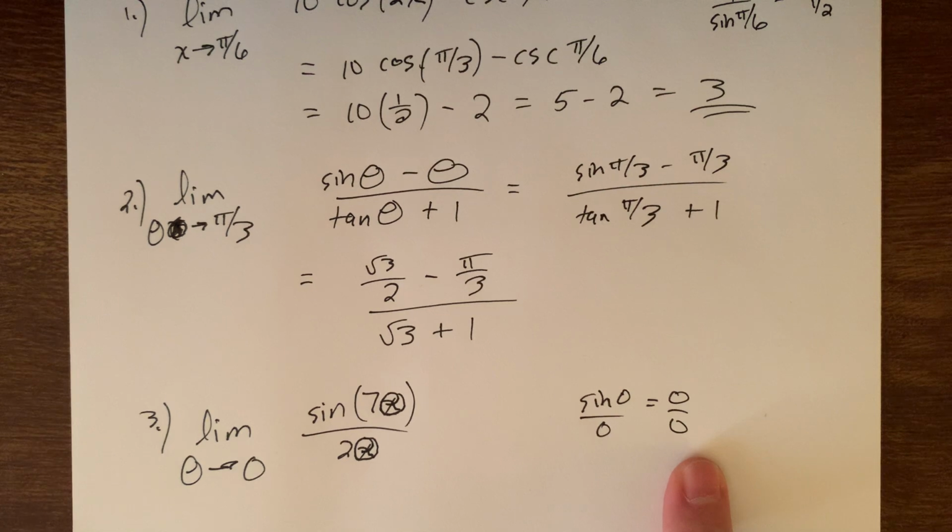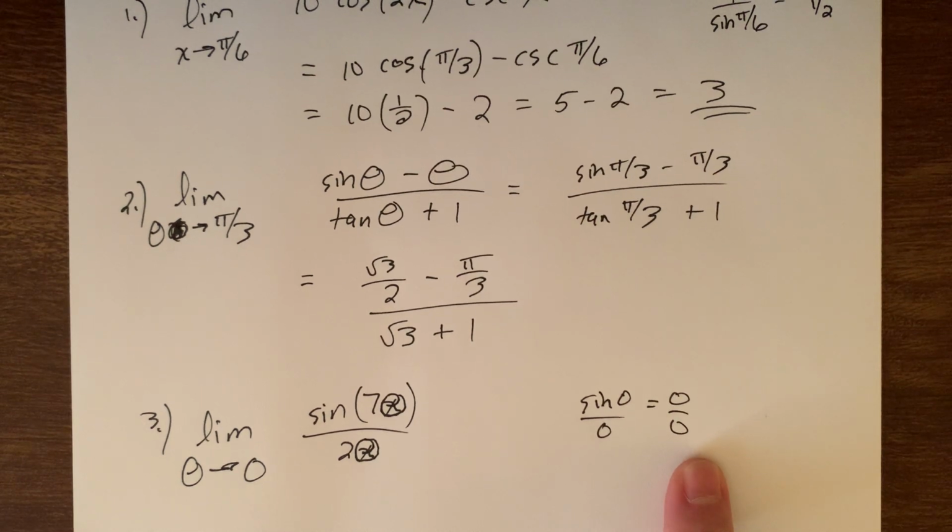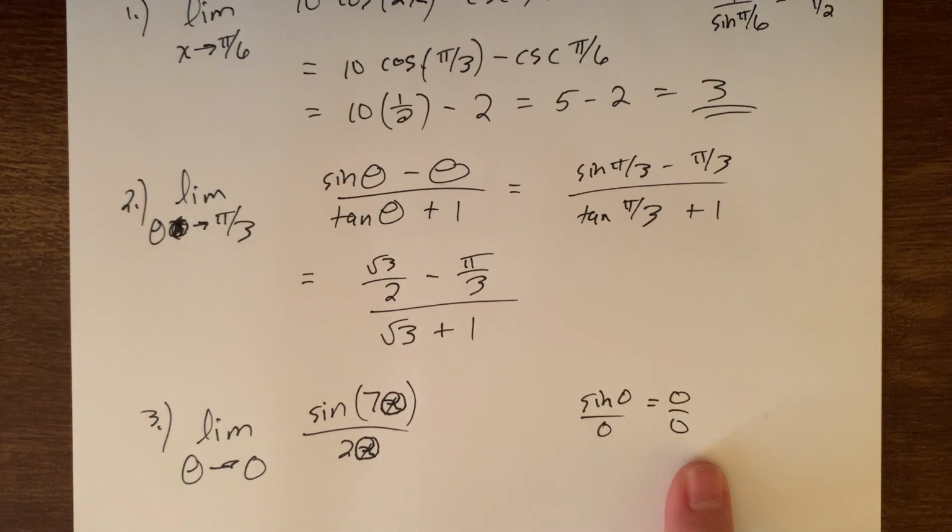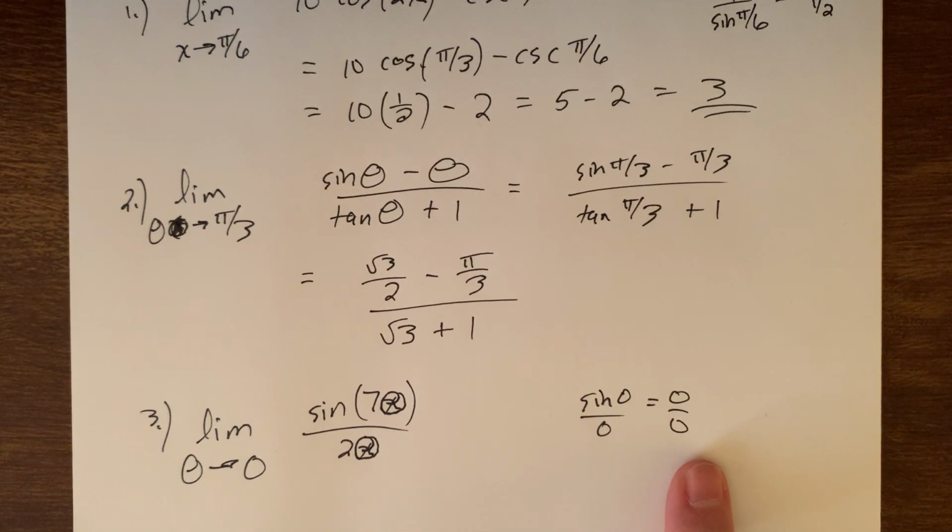So what we're going to have to do here is manipulate. But unlike in chapter 1, how do we manipulate? We saw different situations. We factored when we could. We used the conjugate with radicals. We cleaned up complex or compound fractions to simplify them. We had some algebraic techniques.